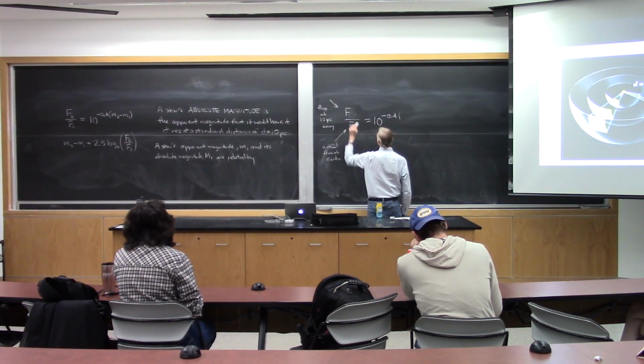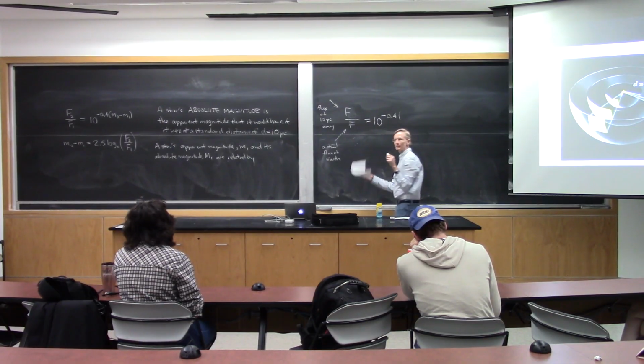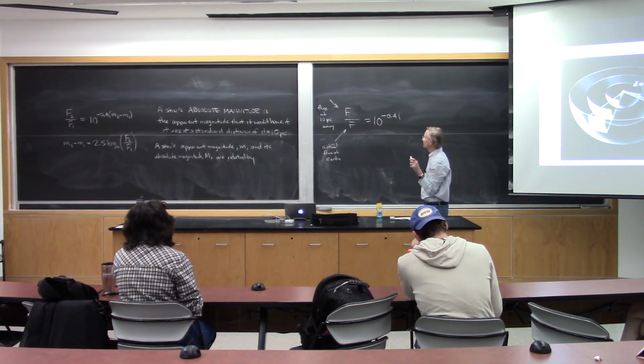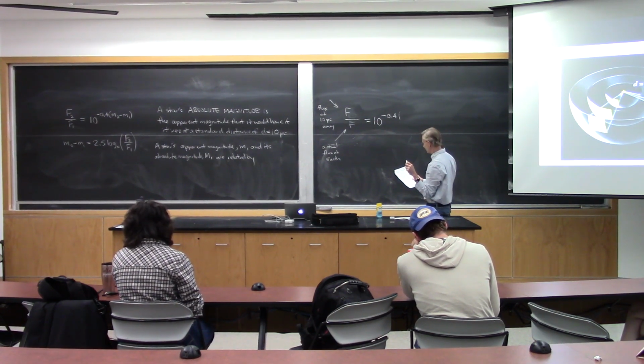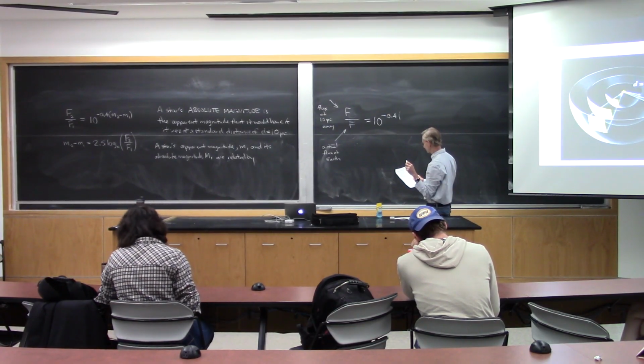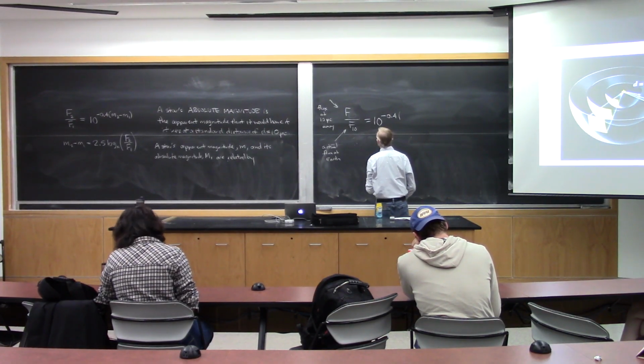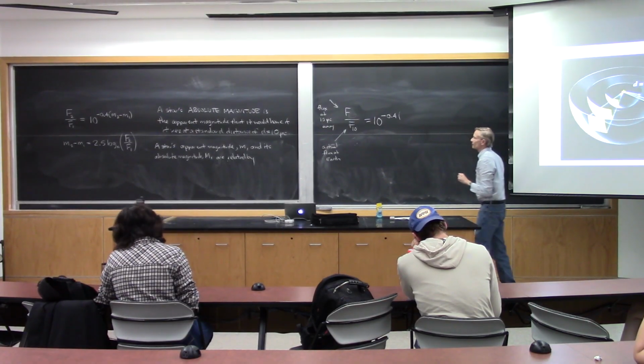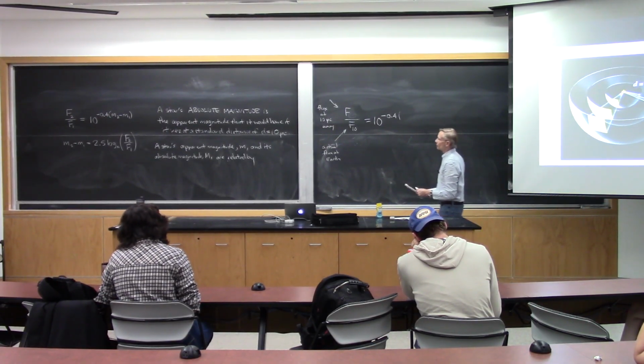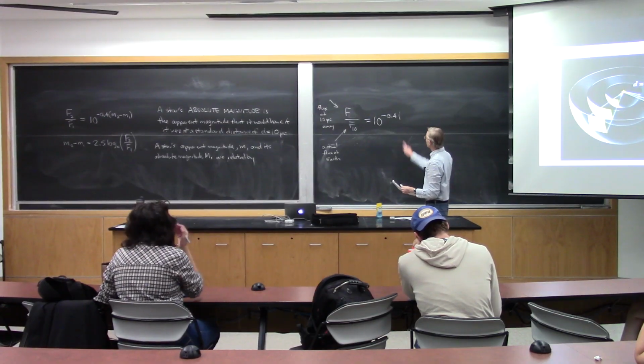So the flux. How do I want to do this? I should have just rewritten it in my notes to make it go the way I want. I'm going to make it this: F over F10 is 10 to the minus 0.4, and which one goes here?